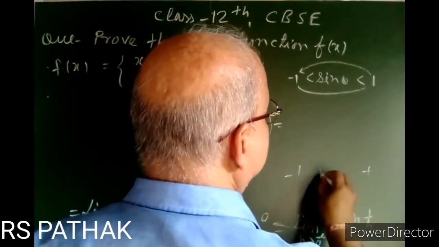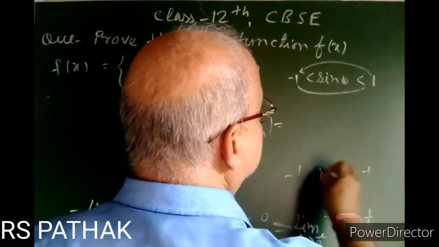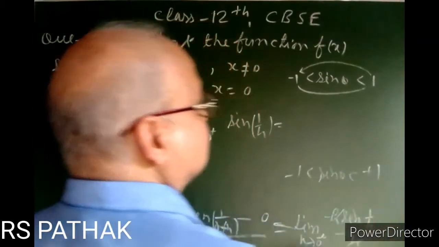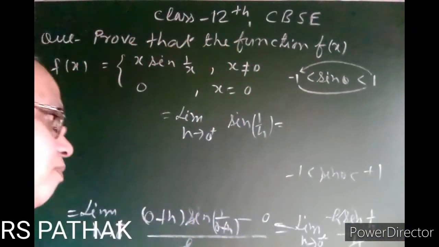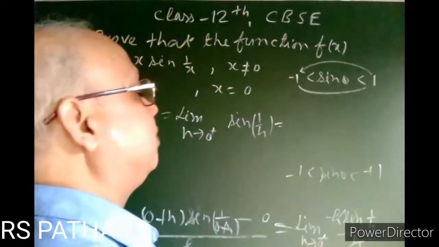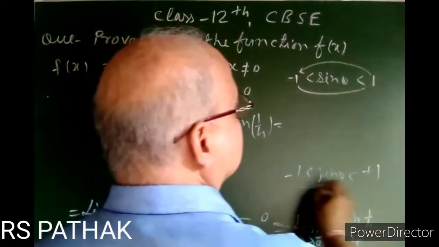The value of sin theta is between minus 1 and plus 1. There are so many values. Therefore, its value is not fixed. Therefore, it does not exist.